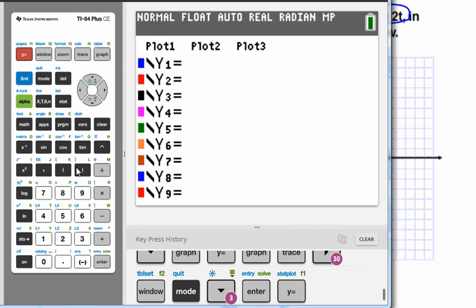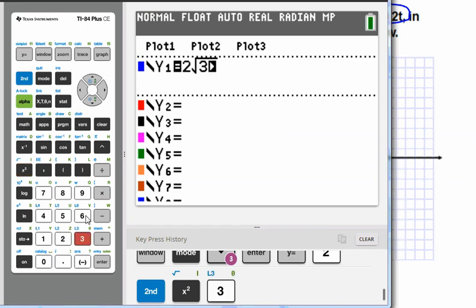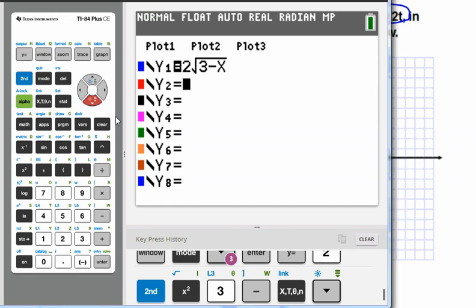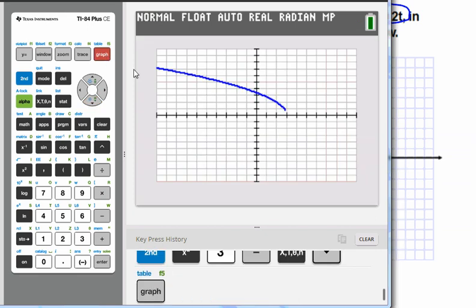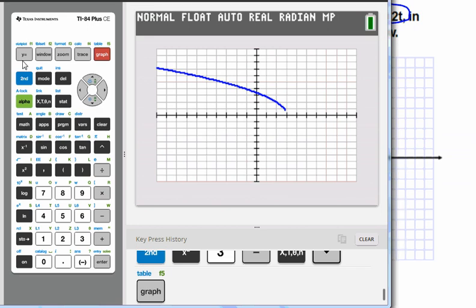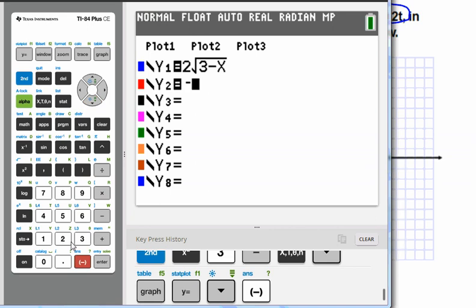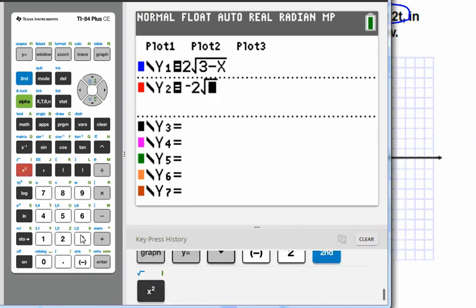And now go to y equals, and we're going to put 2 times the square root of 3 minus x. And that's going to give us the top side here. And we're going to have to graph the bottom side by going to negative 2 times the square root of the quantity 3 minus x.